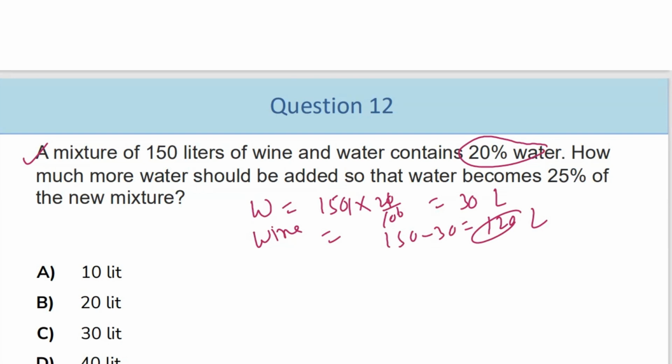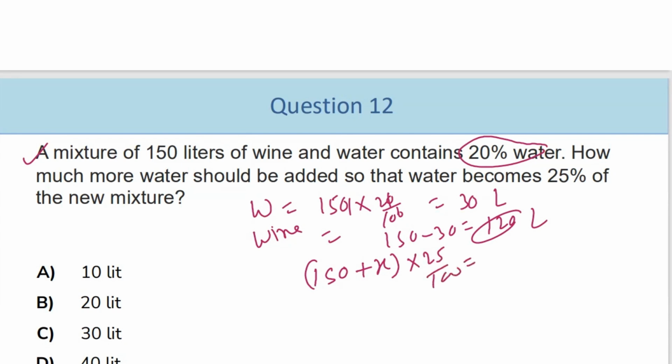So suppose X liters of water are added. The mixture is already 150 liters, so if X liters of water are added, the total mixture will be 150 plus X. Then we find 25% of the total mixture.